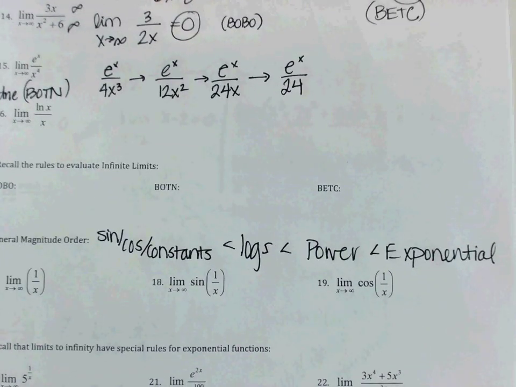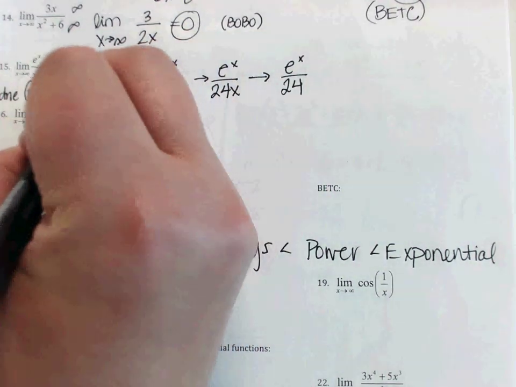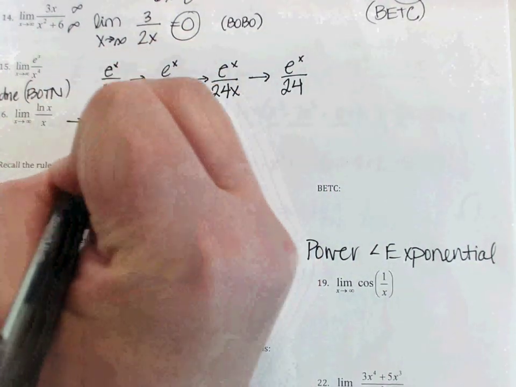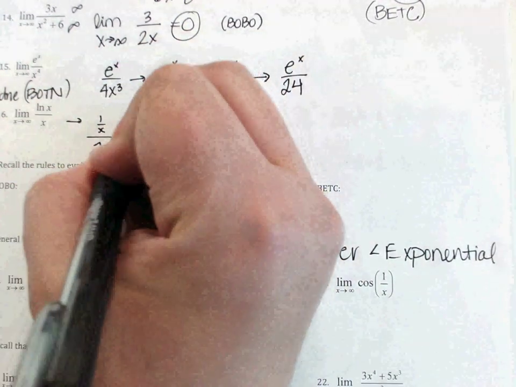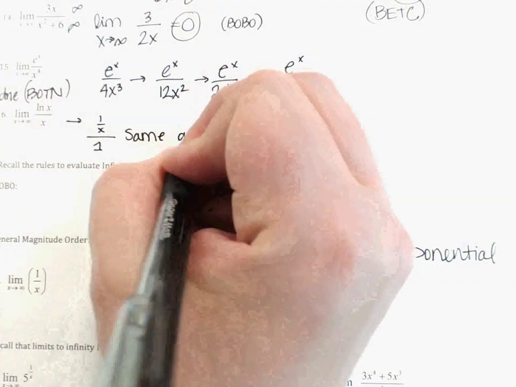Okay, last one we're going to do is number 6, then you'll have the rest of class to work. What's the derivative of ln x on top? It's in your notes, you remember it. 1 over x. What's the derivative of x on the bottom? 1. So I have 1 over x on top and 1 on bottom. That is the same as just 1 over x, right?